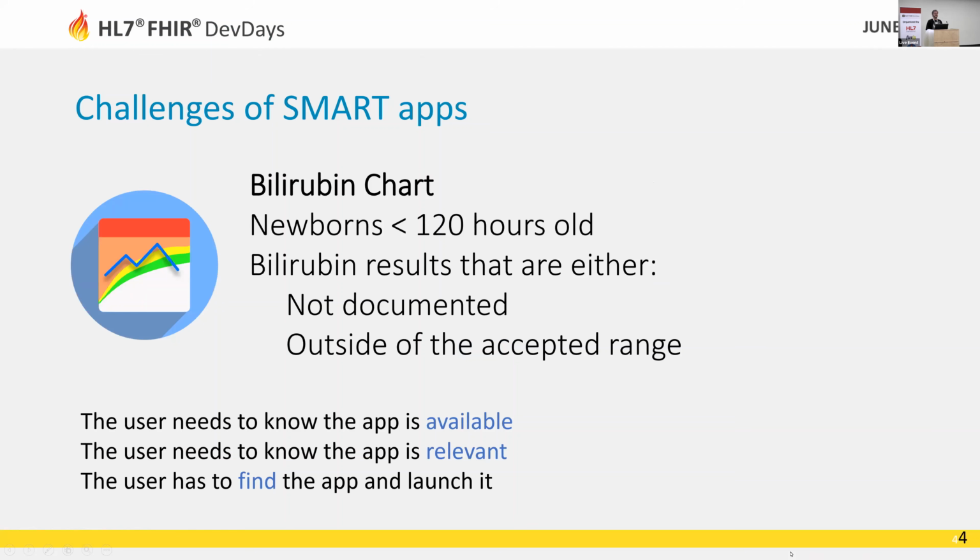So the user needs to know the app's available. They need to know this bilirubin app is out there, something that they can use. They need to know that it's relevant to their particular time frame. And assuming they know all that, they have to actually go find the app and launch it. And so that's interruptive to the workflow.